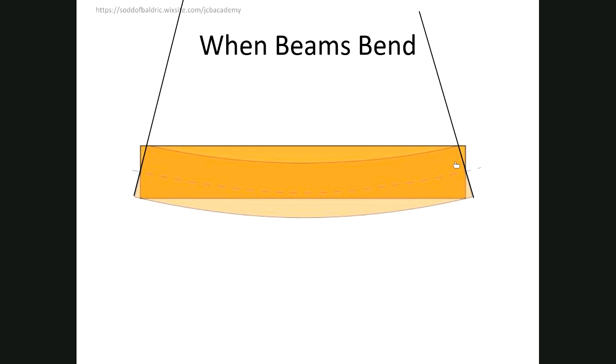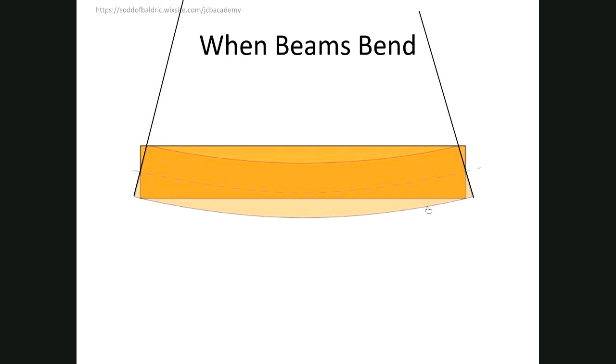So we could pick it at this point here if we wanted, halfway between the top of the beam and the neutral plane. But we're after the minimum radius of curvature, which will always occur on this bottom edge.